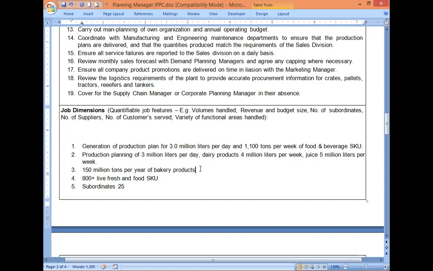In case you also have a bakery product, most of the food companies have beverage and they also have bakery products. And some companies also have a poultry business.